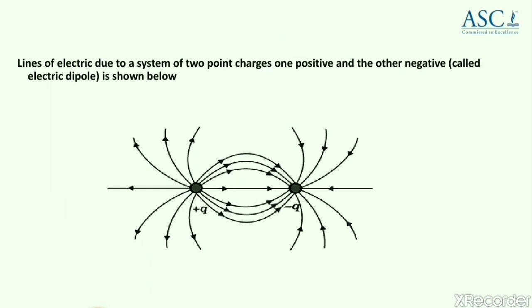See, there are two charges which are unlike, one is positive and another one is negative, and you can see here the lines from positive, as you know, emerge out and they terminate at negative. So these lines will find a negative charge very close to positive. What happens?